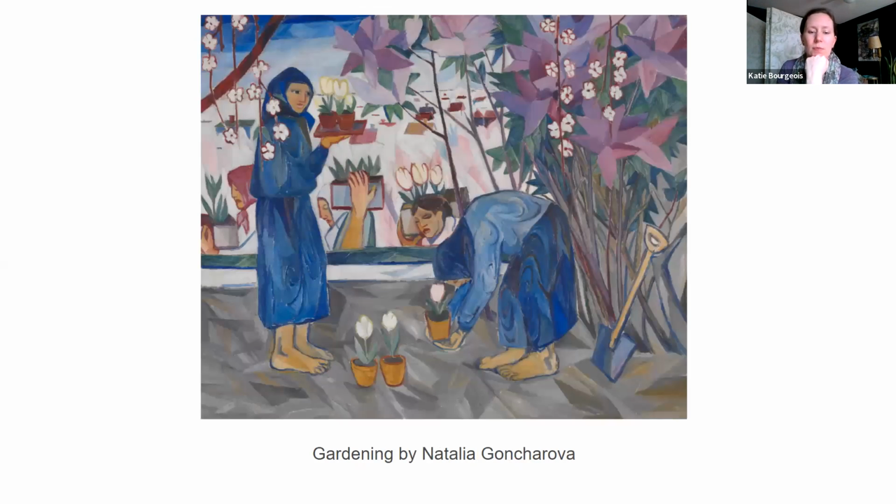More gardening. This is by Natalia Goncharova. And you can also see these colors are a little bit different from the paintings we've been looking at so far. Here we have more blues and purples, actually.